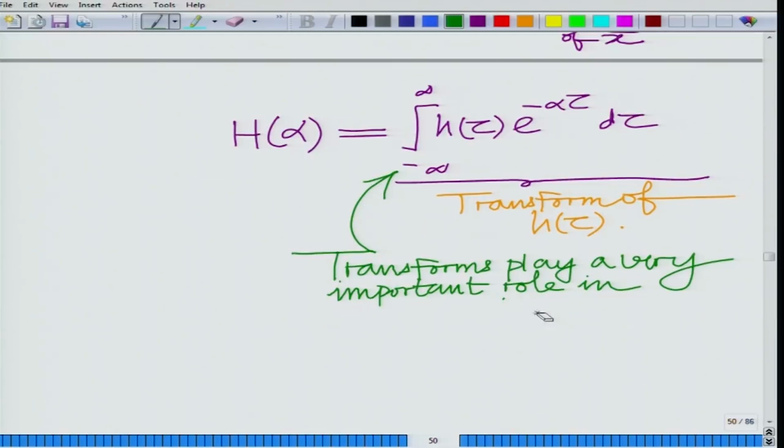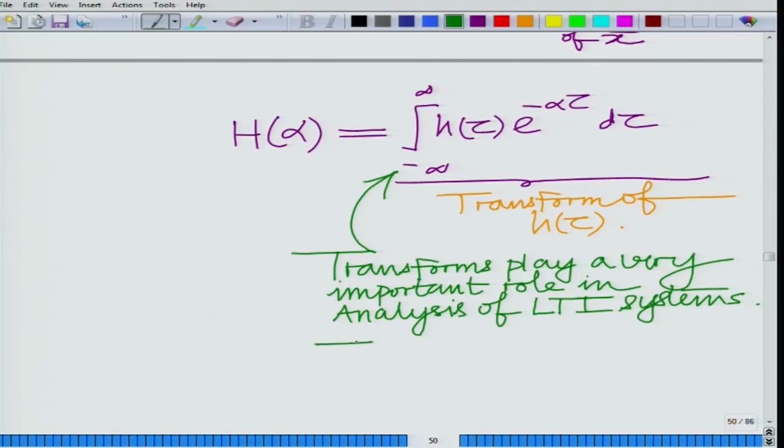Therefore, eigenfunctions are of significant importance. The transform is nothing but the eigenvalue.